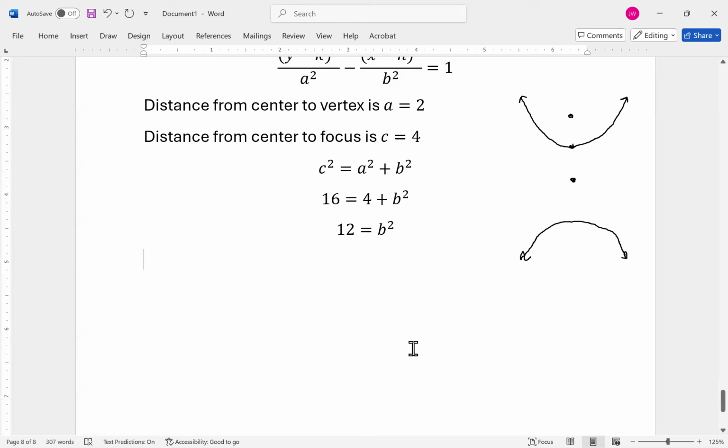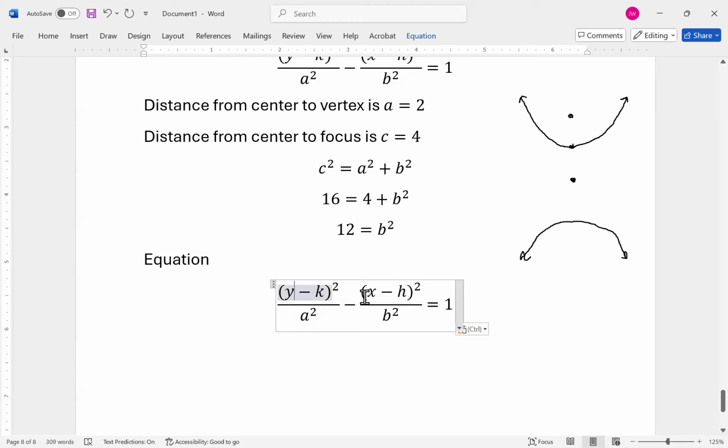Center is at the origin. So therefore, the equation that I have is y minus 0 squared divided by a squared, which was 4, 2 squared is 4. And then x minus 0 squared over b squared, which was 12, is equal to 1.